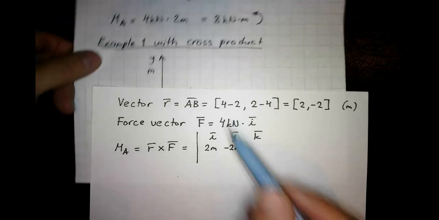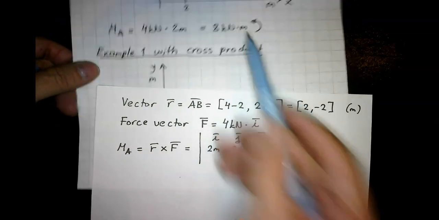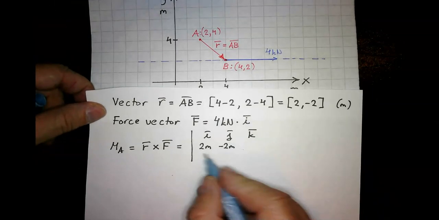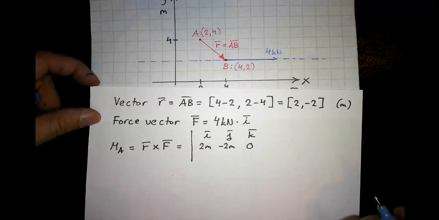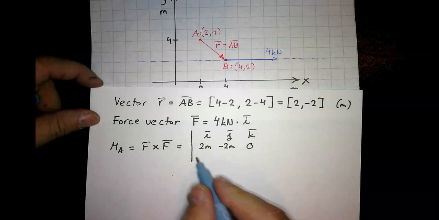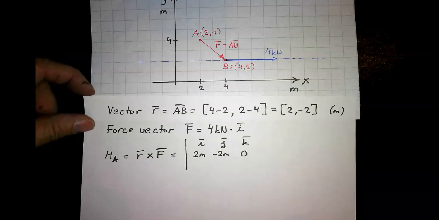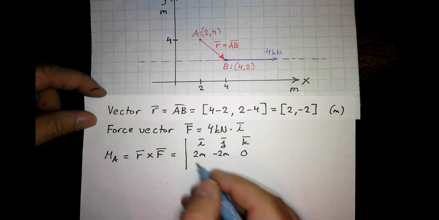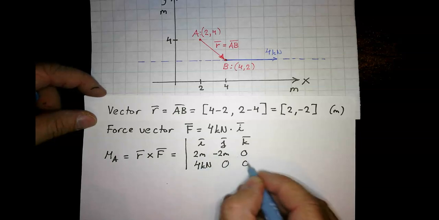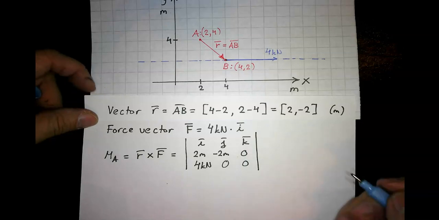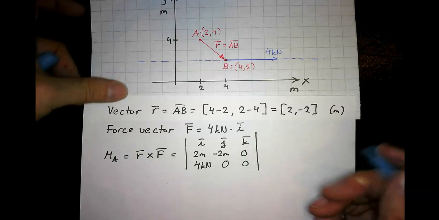Kilonewtons times meters in this case. So 2, minus 2 and 0, the third component. And this F vector we had here is 4 kilonewtons I, so that will be only 4 kilonewtons in the first place, and 0 and 0 in the second and third columns.